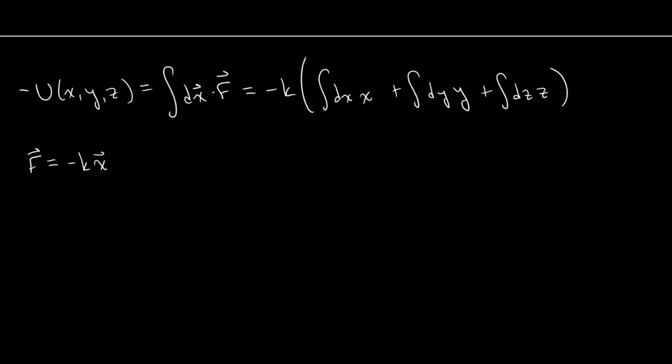When I take all these integrals, I get something like minus k over 2 times x squared plus y squared plus z squared. But x squared plus y squared plus z squared is just the magnitude of the position vector.